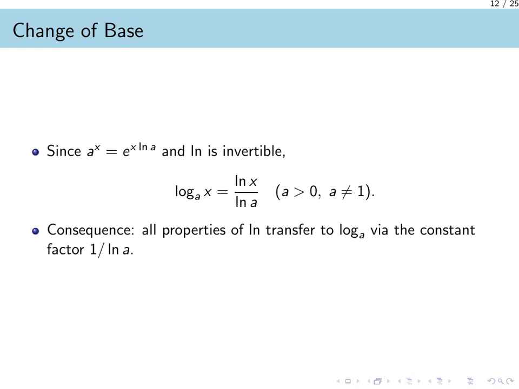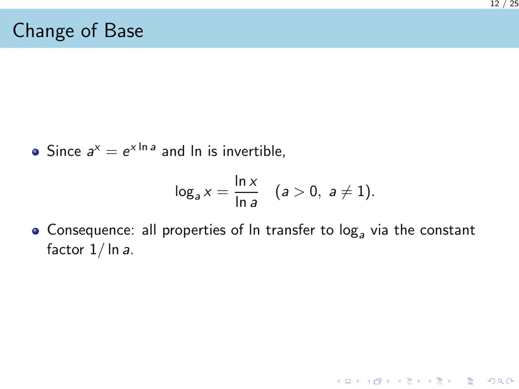Using the power rule, this simplifies to y times the natural log of a equals the natural log of x. Finally, solving for y by dividing gives us the formula log base a of x equals the fraction, the natural log of x over the natural log of a.